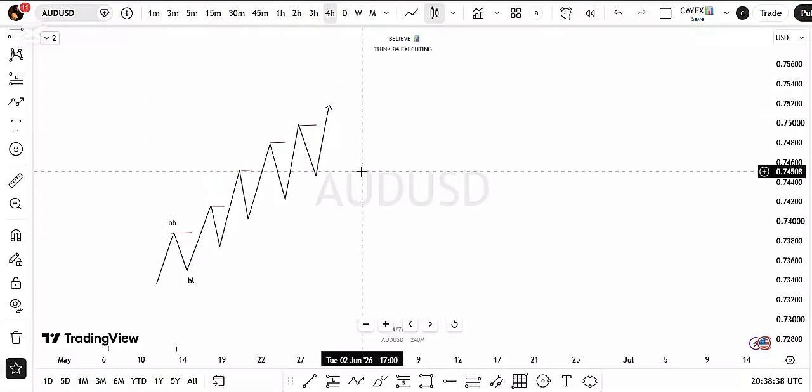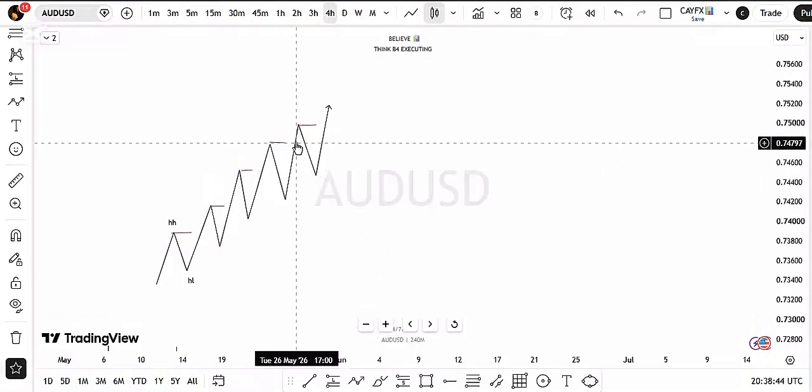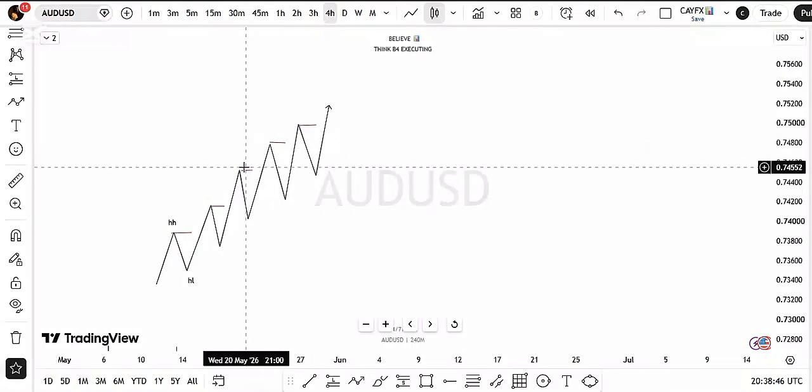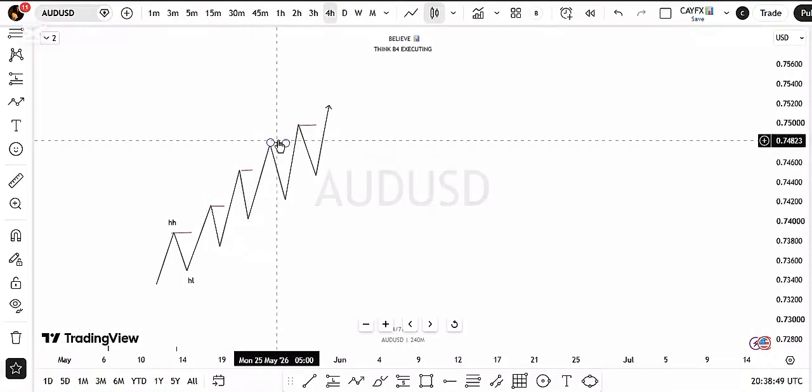How you can know a bullish market trend is, first of all, it must be breaking the previous higher high.